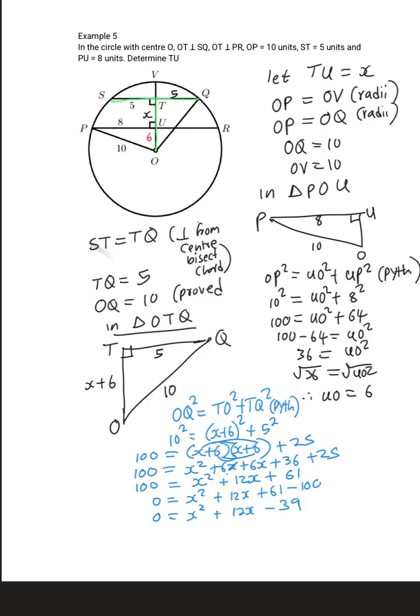The reason why we are using the quadratic formula is because if you look at the factors of 39, they are 1, and then we have 3, and then we have 13, and then we have 39.